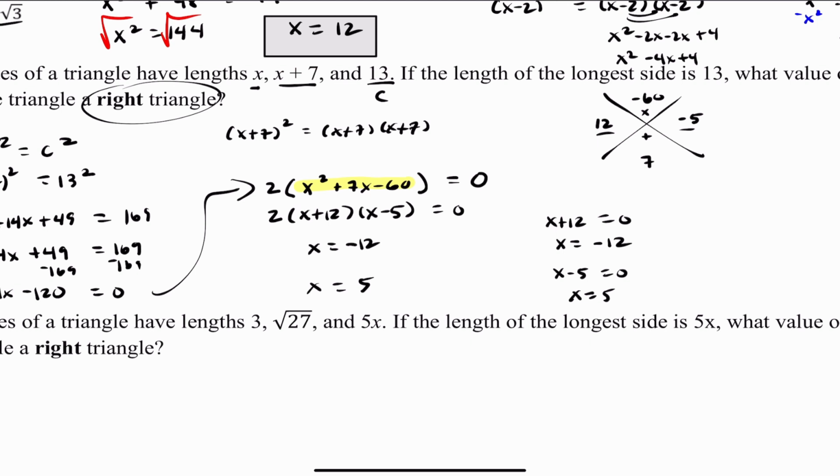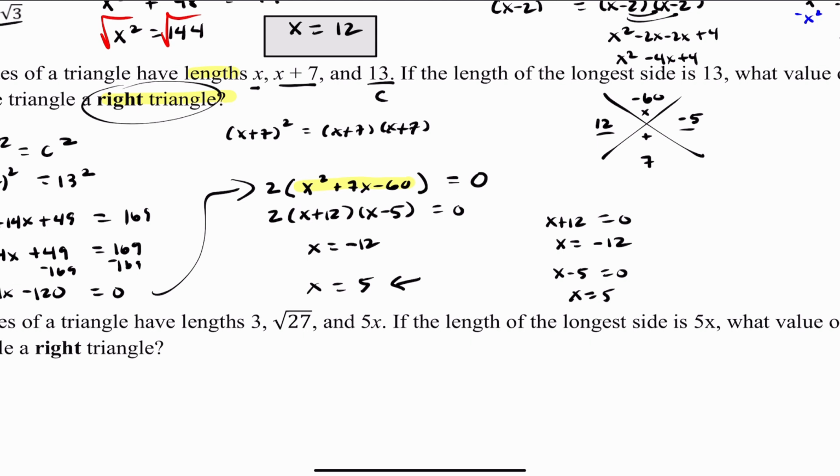So the side lengths of this triangle are 5, 12, 13. Okay? So the best answer would be x equals 5 because we're dealing with lengths. We're dealing with a right triangle. Lengths are always positive.